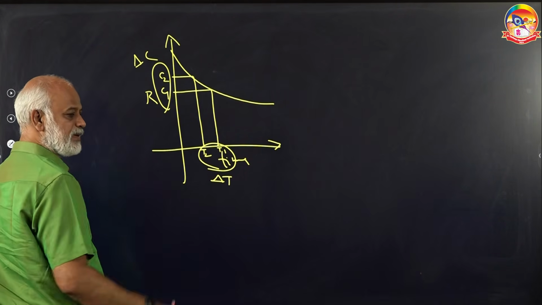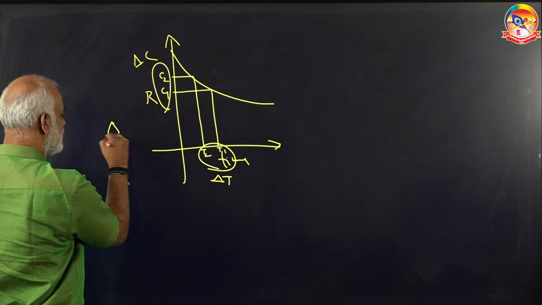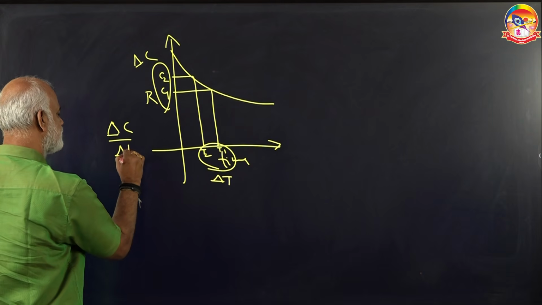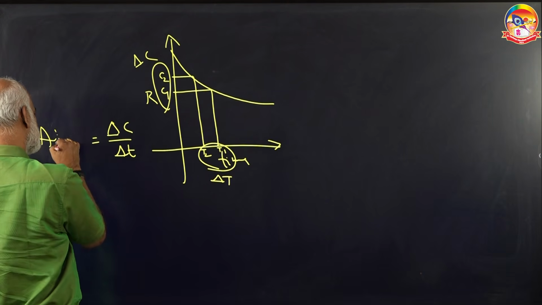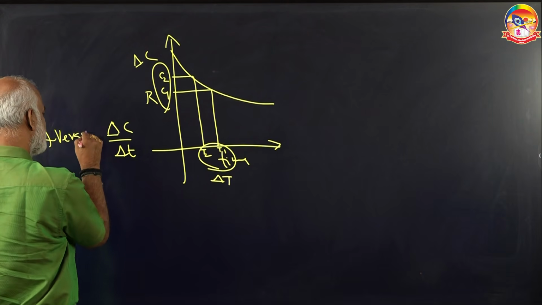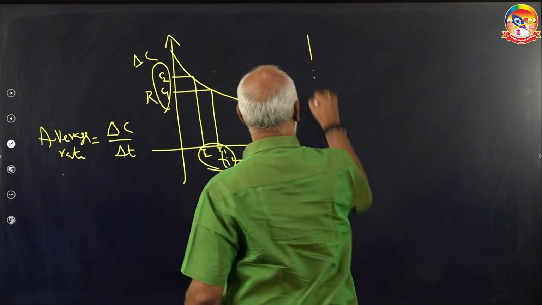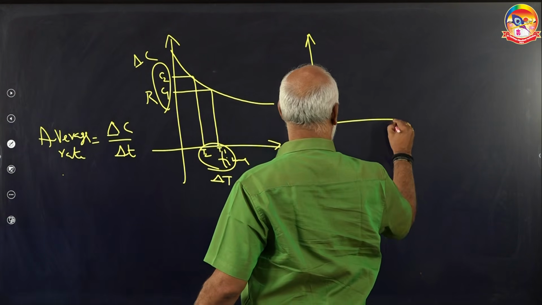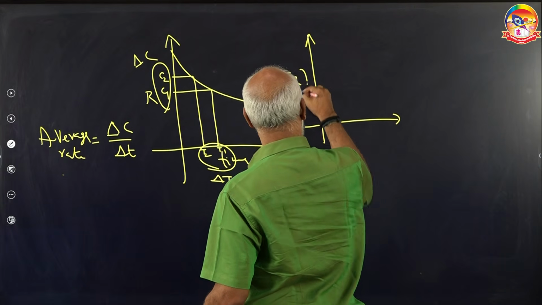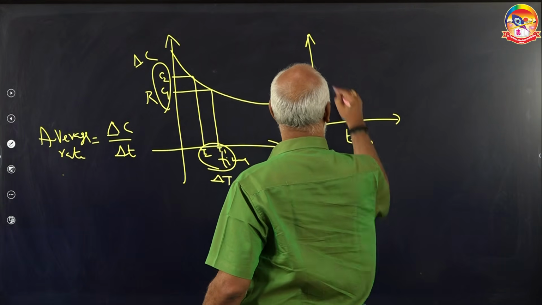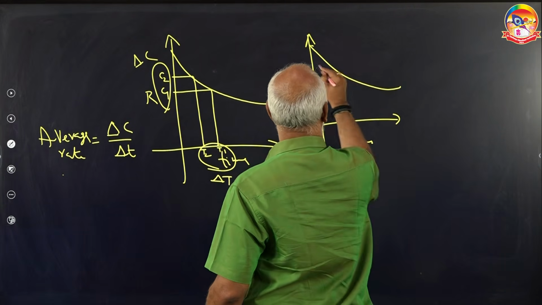This delta C by delta T is nothing but called average rate. Average rate you can take anywhere. Suppose some other person wanted to tell the average rate here for this particular reaction. Why should they take only the same two time intervals?